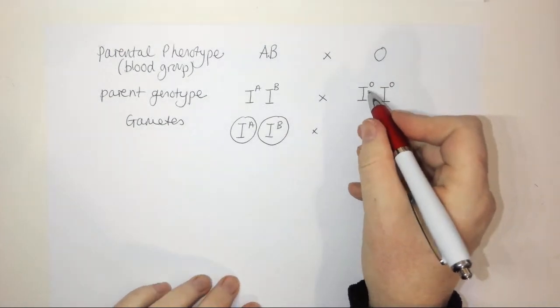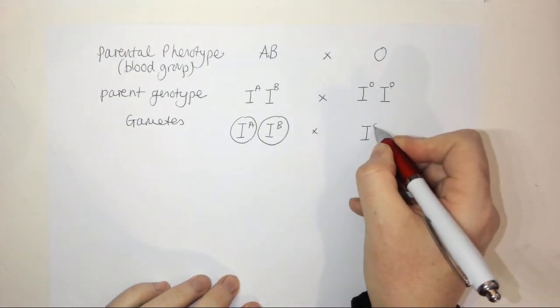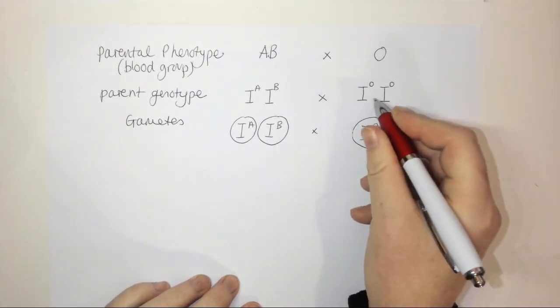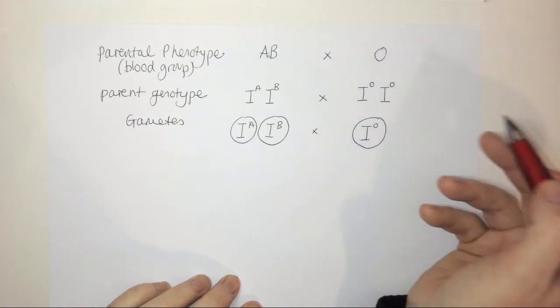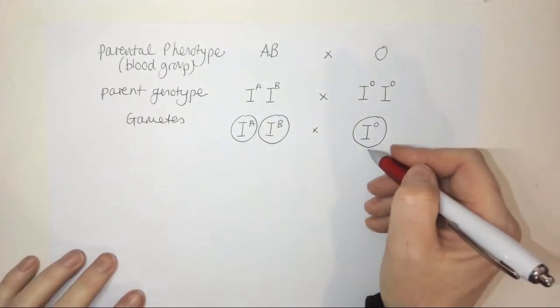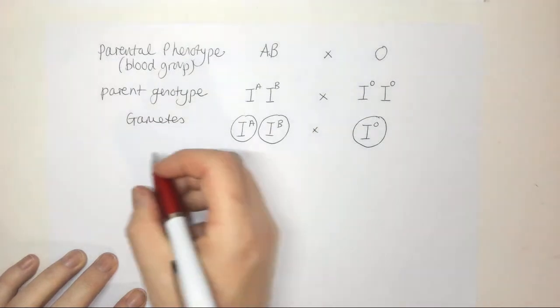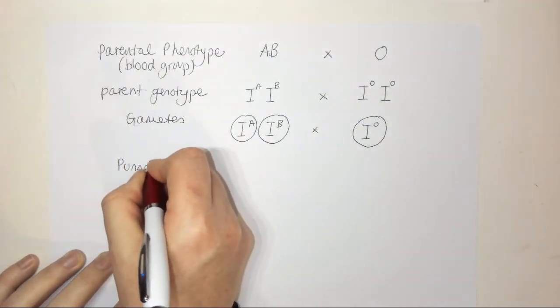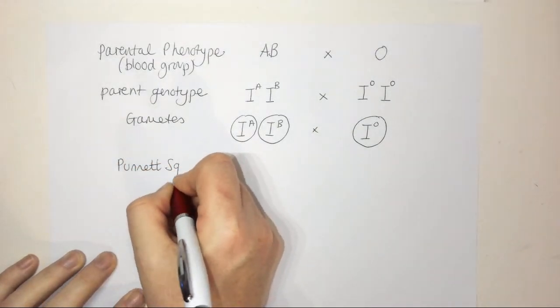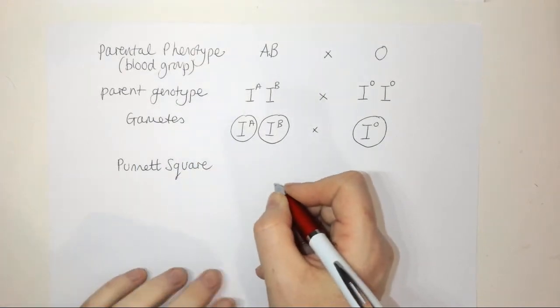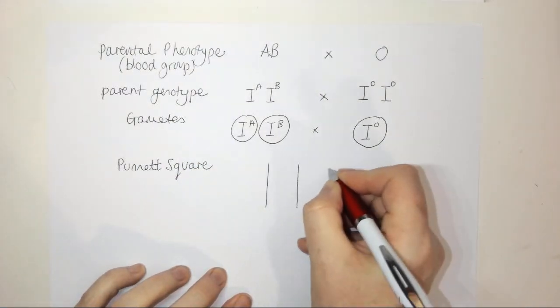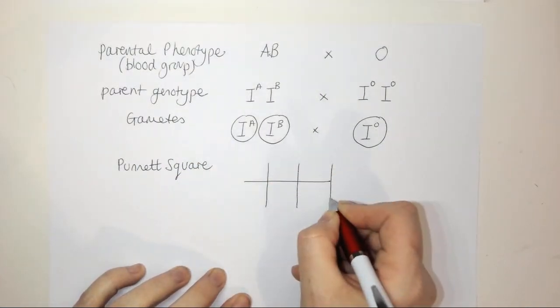We've only got one type here, so I'm only going to draw one circle because all these gametes would be the same. I could draw both out, it wouldn't make any difference, still get the same result, but I'm just going to draw one there. Punnett square. Draw my Punnett square.